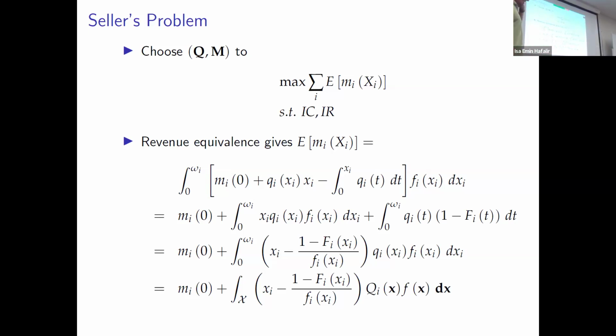And the nice thing is that if I do it this way, then this q_i f_i(x_i) becomes, so remember, this q already had an integral over all bidders except i.